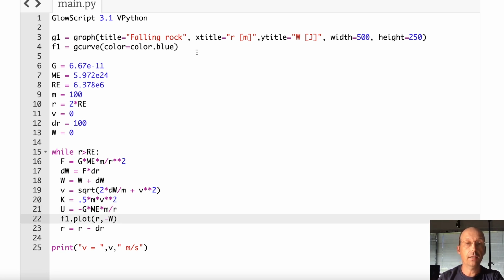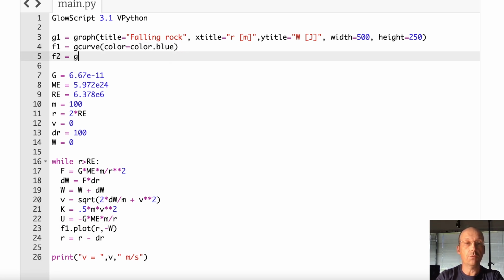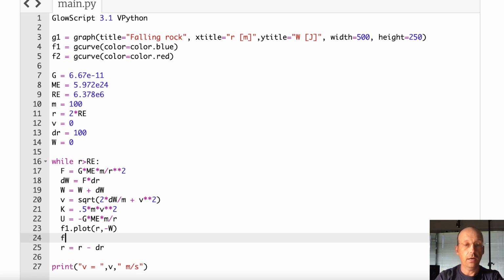Let's make another plot. F2 equals G curve, color equals color dot red. And then down here, I'm going to plot F2 dot plot R, U. Let's see if that works.